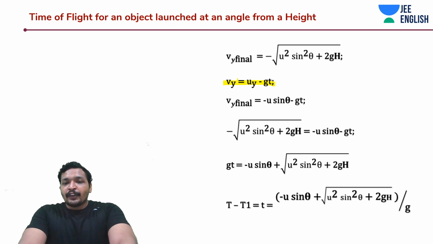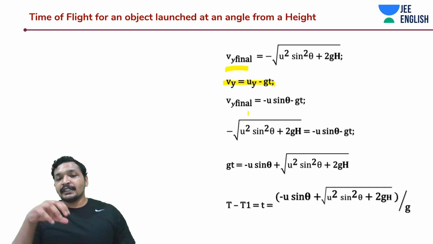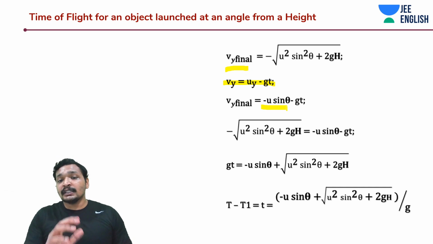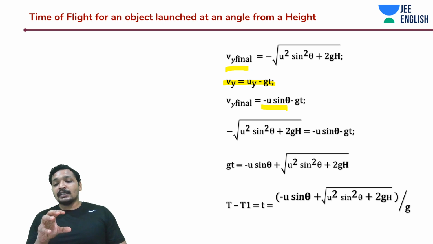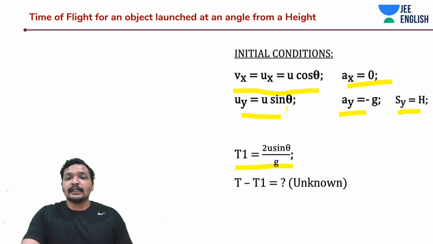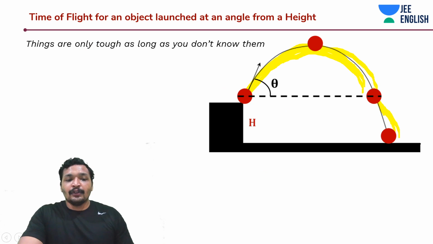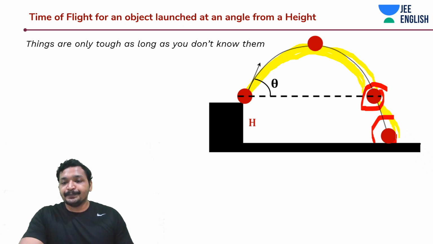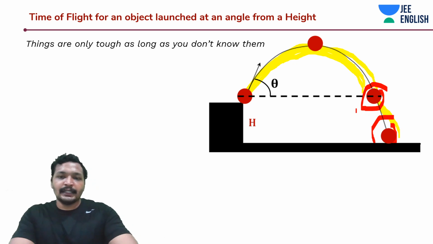So now guys, we already know Vy final, the final velocity when it reaches the ground, and we know the initial velocity in this case is the initial velocity from the point where it has to go from the level plane until the ground. So basically we are now calculating the time of flight from this position to this position, and we spoke about this earlier, right?